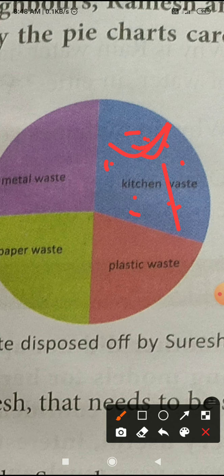It is decomposed by the microorganism, and it is used as fertilizer, and that is for the healthy growth of the plant. But you will see here, plastic waste, plastics are collected separately.